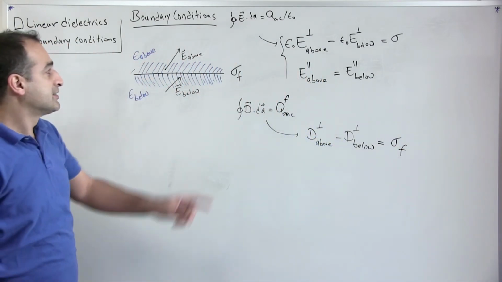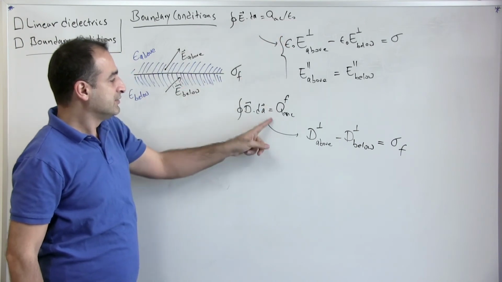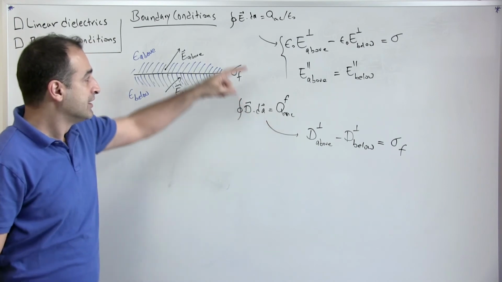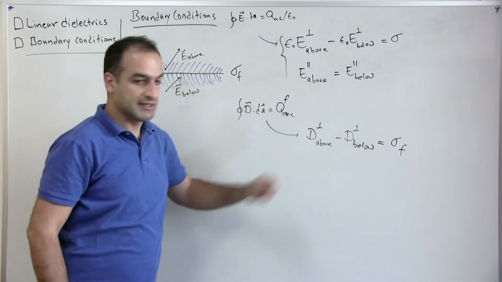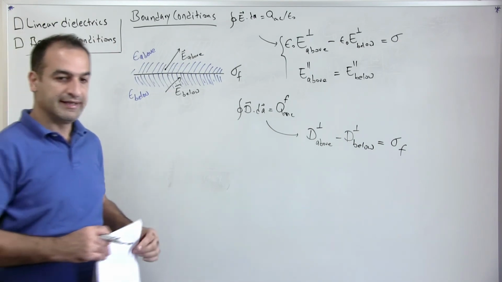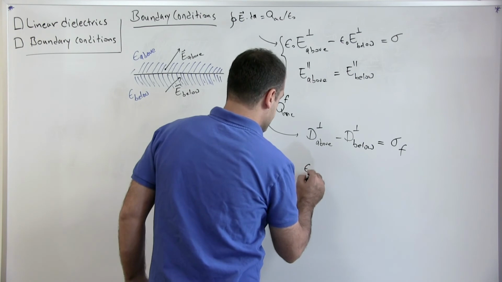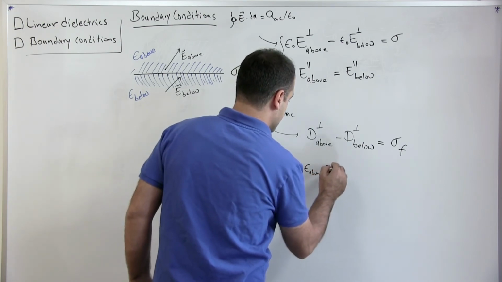Here we had epsilon naught in the equation, but for the electric displacement we do not have it. Following this, we came up with this. Sounds good? And then D above is basically epsilon above times E above.